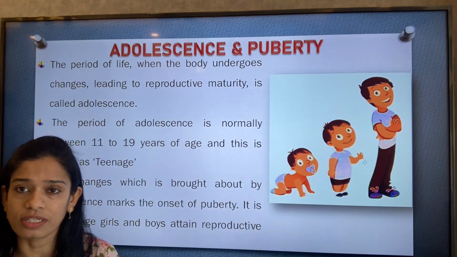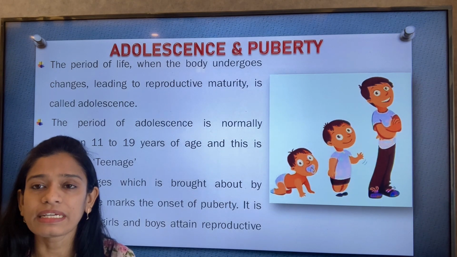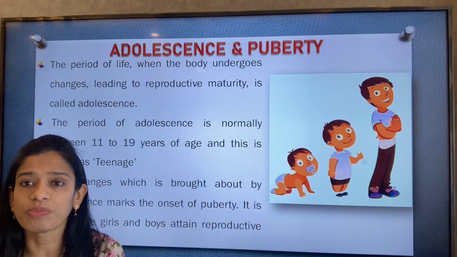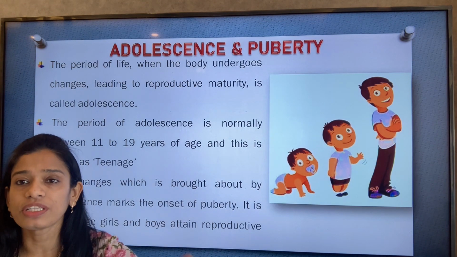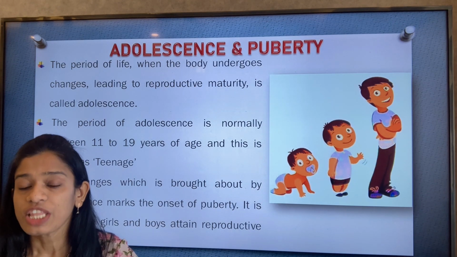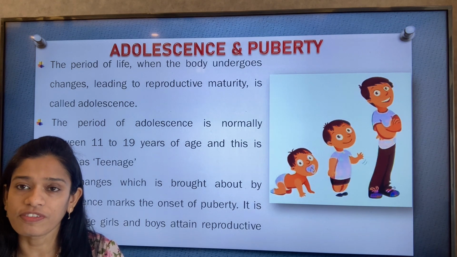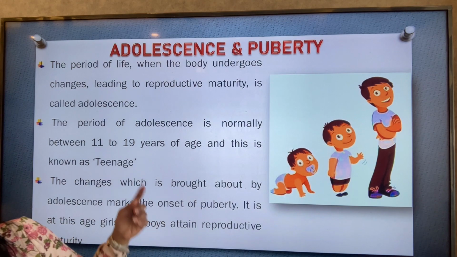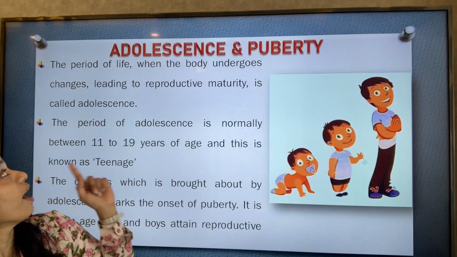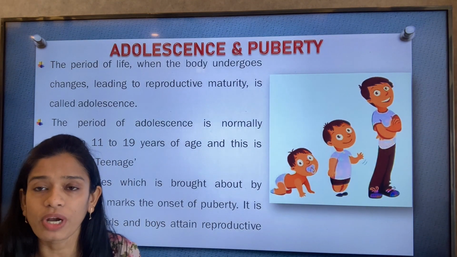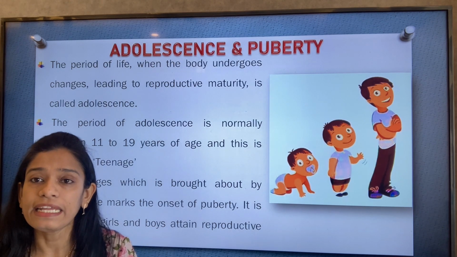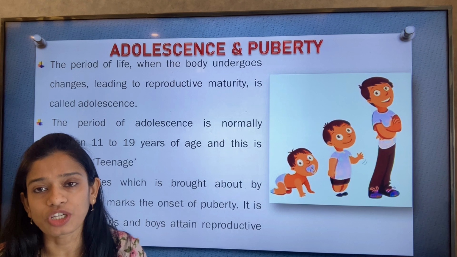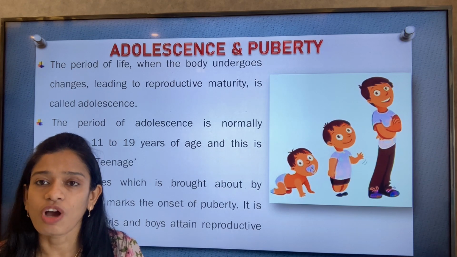So when we talk of adolescence or puberty, the first thing that we should remember is that we are reaching reproductive maturity. This is a very important phase of life, just like the other phases of life. The body undergoes certain changes leading to reproductive maturity, which helps in the generation of offspring in future.